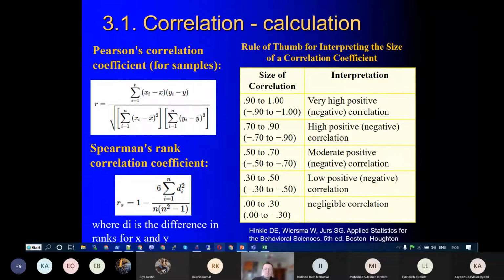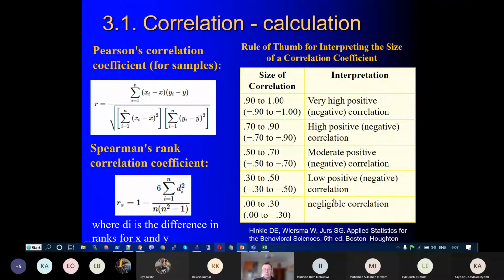And on the right side is presented one possible approach to assess how strong the correlation is.